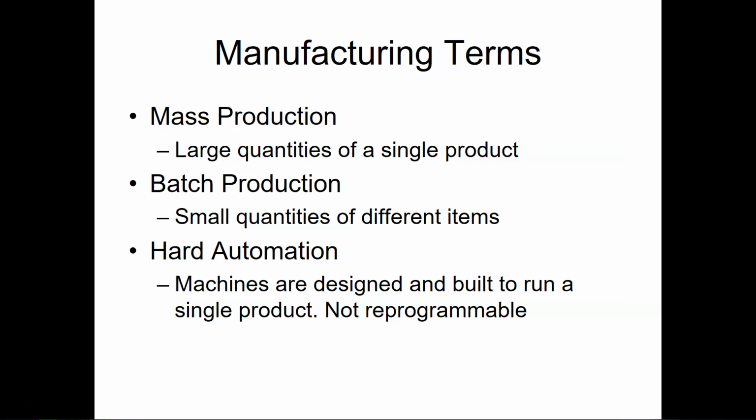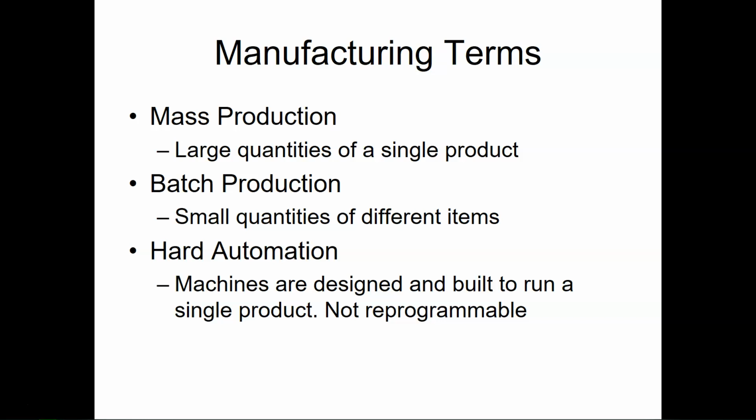So mass production, this is very common. That's where you create large quantities of a single product. You set everything up and you just let it go for however long you need to create the number of products so you don't have to go back and do it again. I will say there is one problem with that, and batch work tends to end up giving you a surplus of stuff.